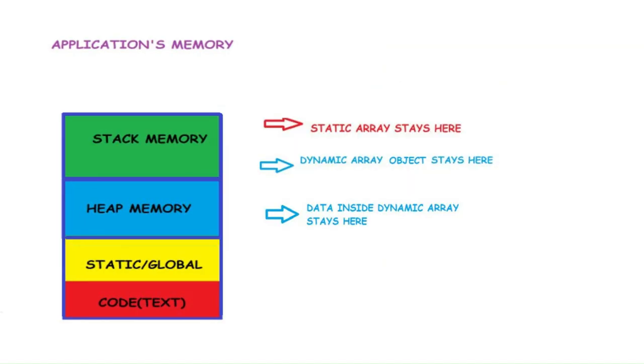So the static array is gonna stay entirely on the stack section of memory, whereas the dynamic array is being split. The dynamic array object is gonna stay on the stack section of memory as well, whereas the data inside the dynamic array is gonna lie on the heap section of memory, which means the lower address memory region.